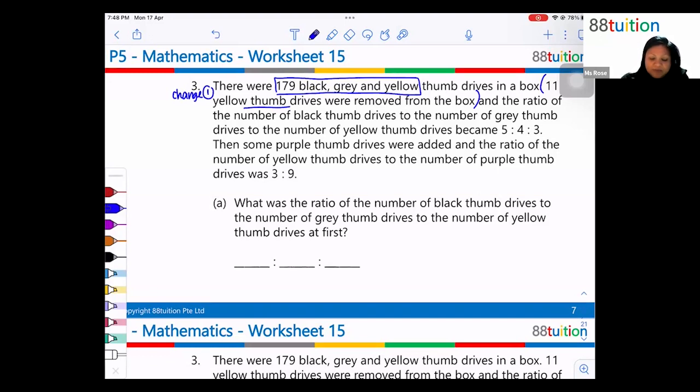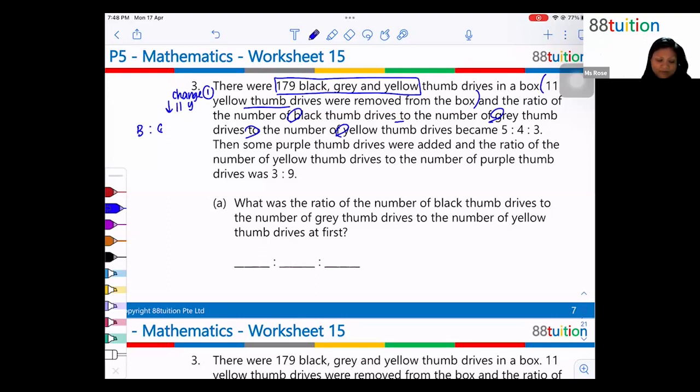Change number 1 is remove 11 yellow thumb drives. So I write it down, so it's easier for me to see, because I've already extracted my information.